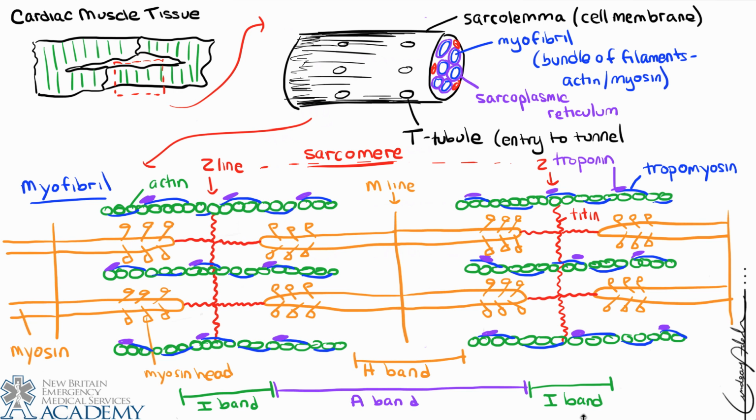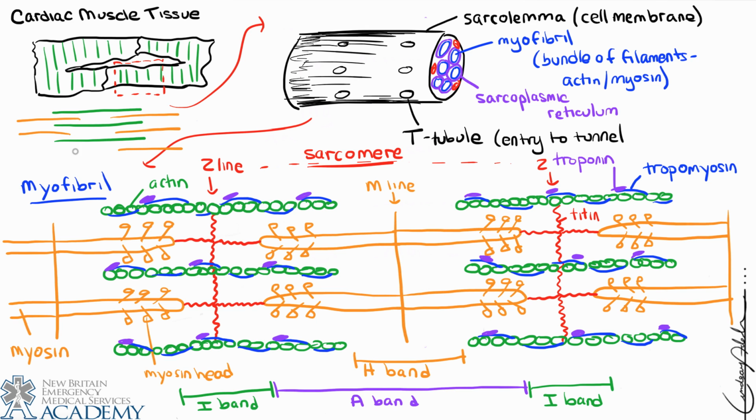An A band contains the H band, but basically it's from the point of overlap of the actin and myosin all the way till it ends for the myosin filament. So it's like the entire length of the myosin fibers. And so we see this alternating pattern: I band, A band, I band, A band, and so on.